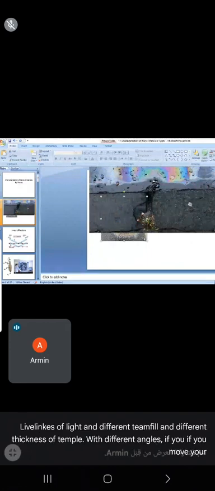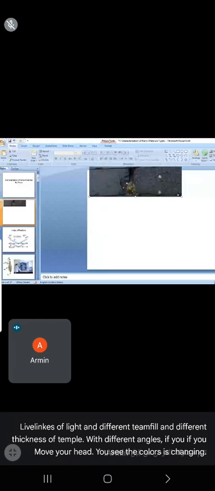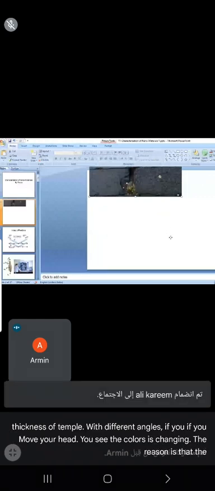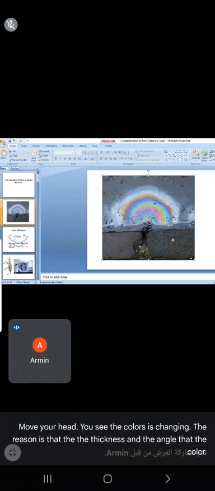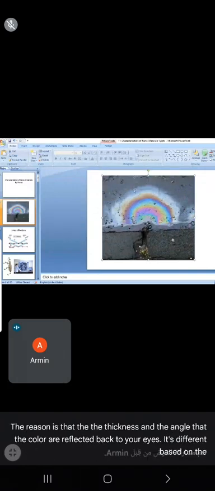If you move your head, you see the colors changing. The reason is that the thickness and the angle at which the colors are reflected back to your eyes is different based on the wavelengths of light.